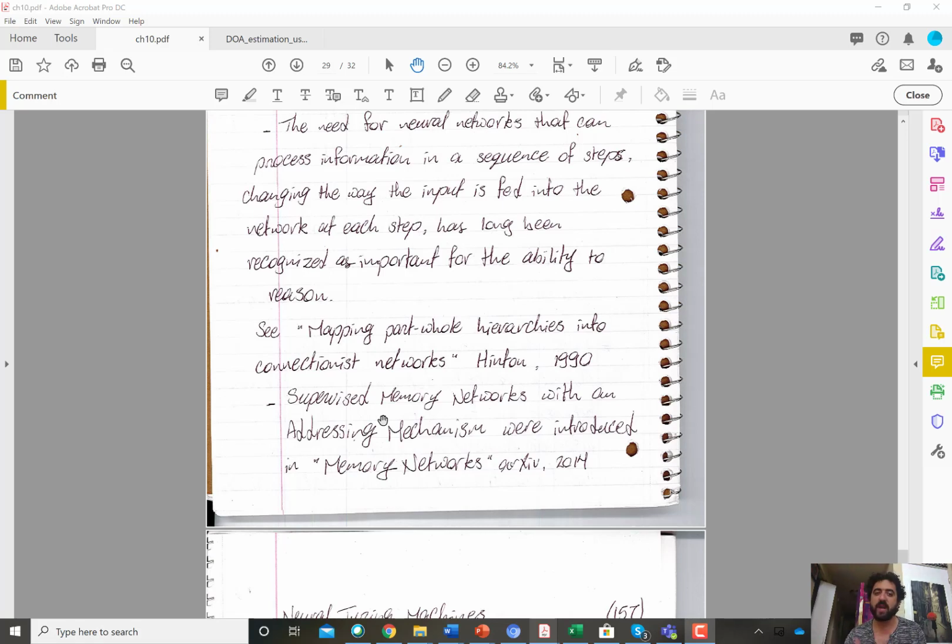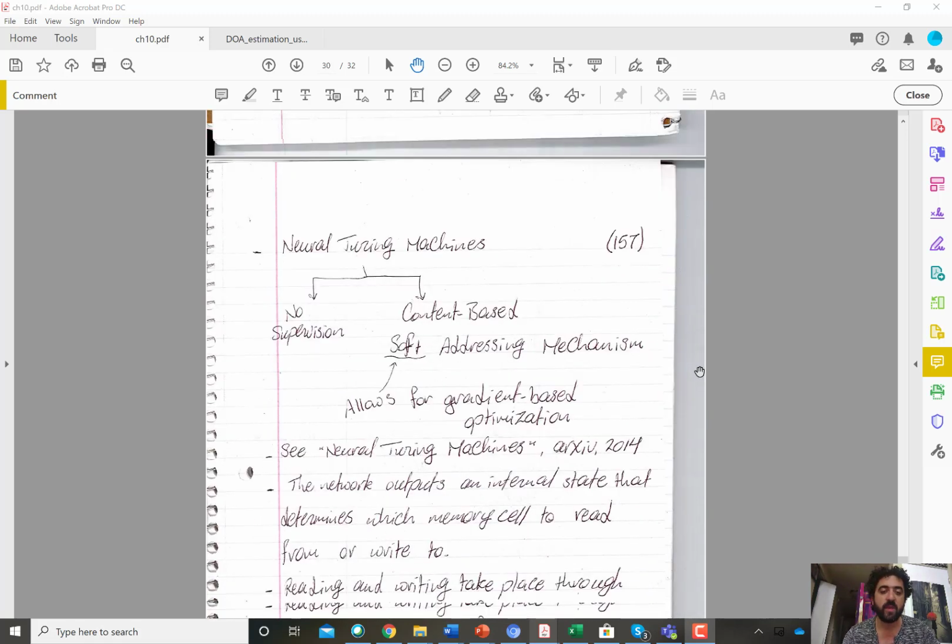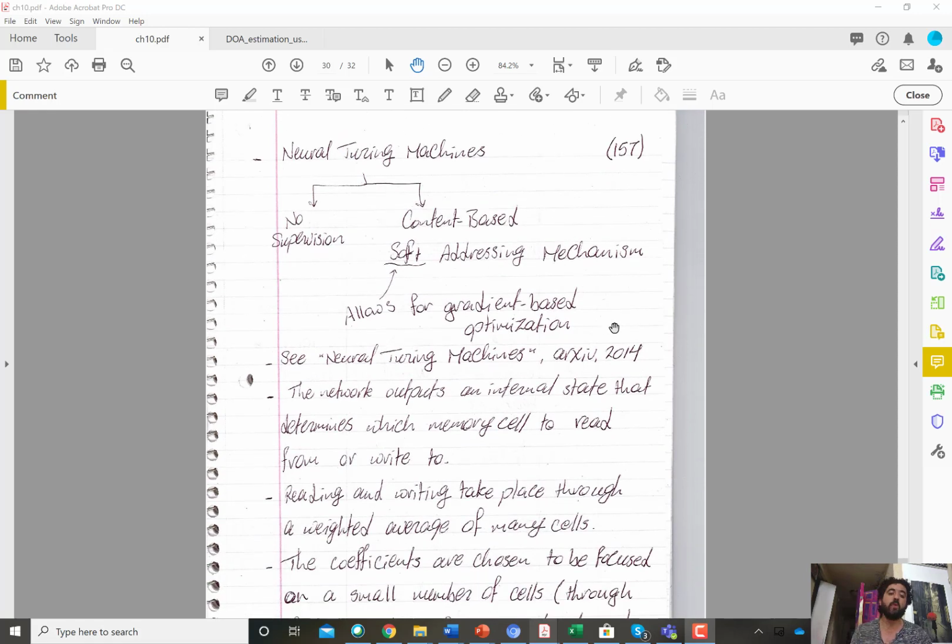So you access a location in the memory by providing the address of that location. And in that recent publication called Memory Networks, it's also a supervised memory network, meaning that during training, the label information provides guidance on what the network should memorize for every set of training examples.